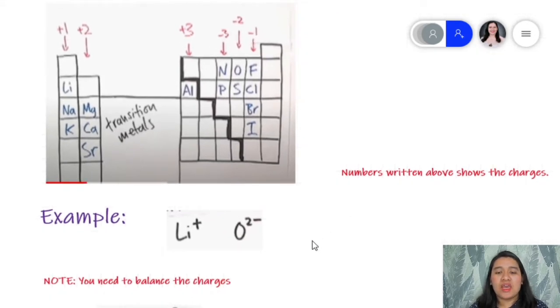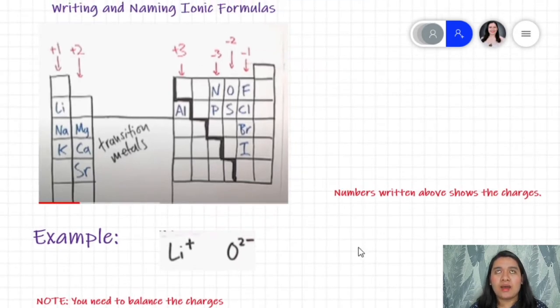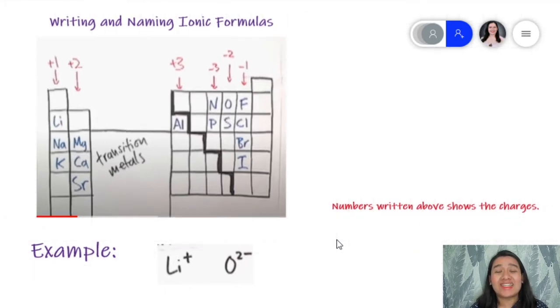Now, for example, if we have lithium and oxygen, as you can see, they are not yet bonded. In ionic bonds, we need charges. So let us get the charges of each. Lithium belongs to group number 1, so again, group number 1 has a positive 1 charge.